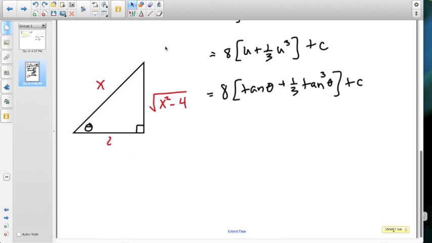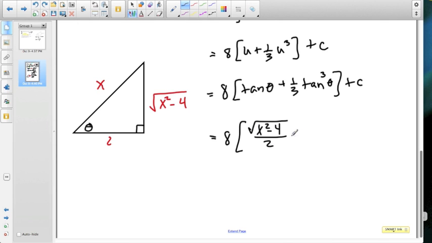To reference that, we can set up our tangent ratio, which is opposite over adjacent. So that ends up being the square root of x squared minus 4 over 2, plus 1/3 times the quantity square root of x squared minus 4 over 2, cubed, plus c.